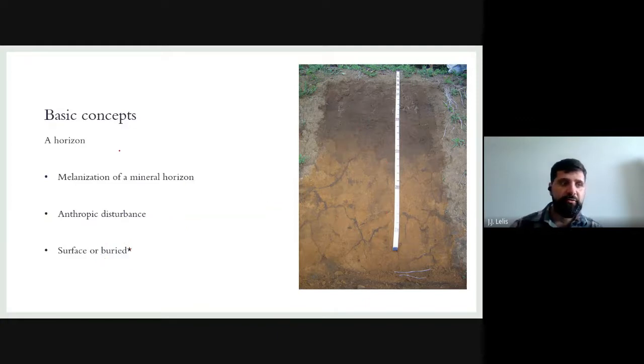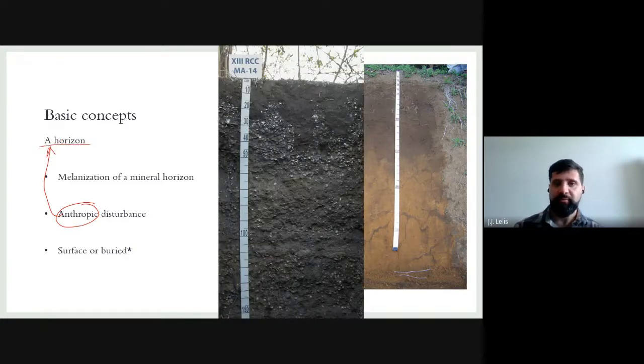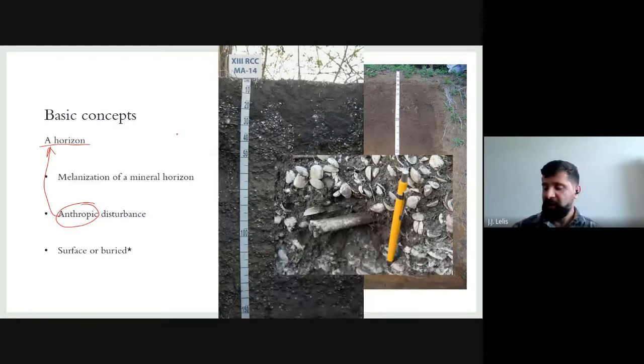And in Soil Taxonomy and WRB, a horizon that was formed by humans, that suffered anthropic disturbance or activity, is also classified as an A horizon. So if I find soils like this one that has a lot of human activity, like you can see these shells and this human bone in an area, in a site that was formed by humans, you also identify this horizon as an A horizon. Okay?